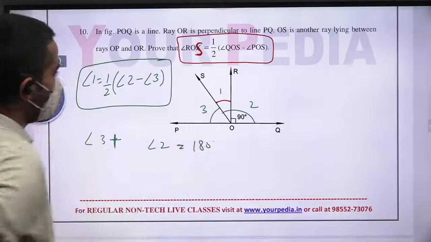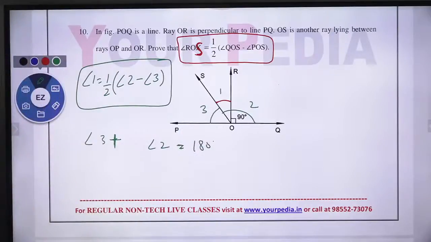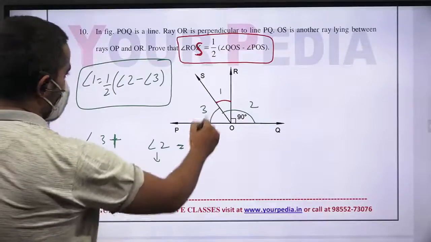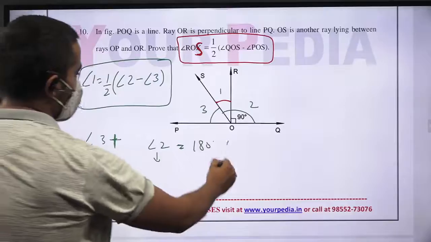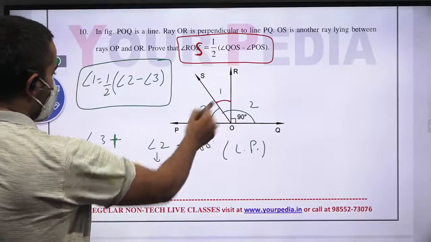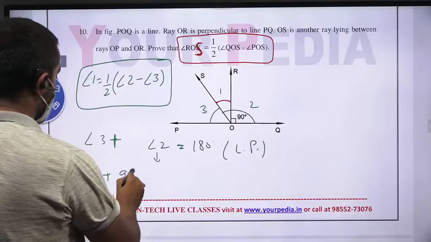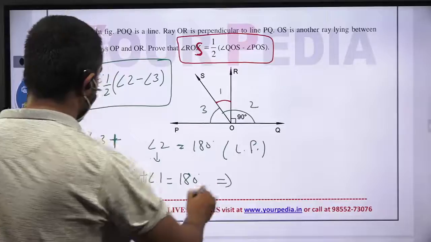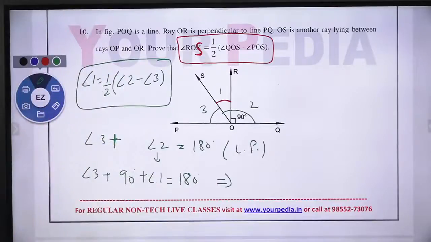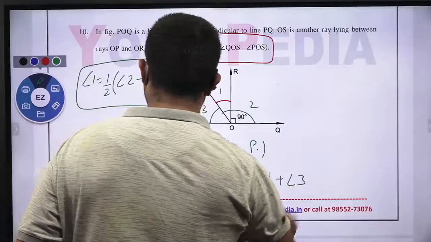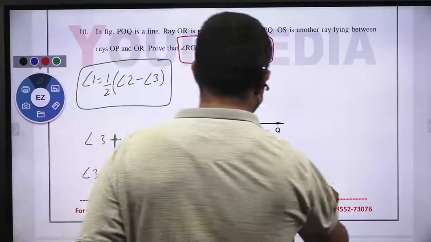We need to find out the value of angle 1. So angle 2 can be written like this. See, angle 3 plus angle 2 will form a linear pair. Angle 2 further can be written as 90 plus angle 1. So this can be written like this. So it will become angle 1 plus angle 3 is equal to 90 degrees.